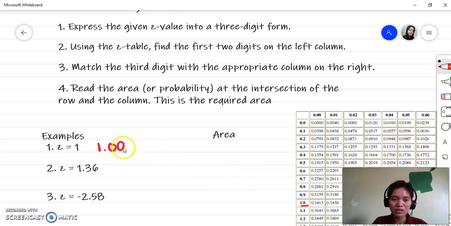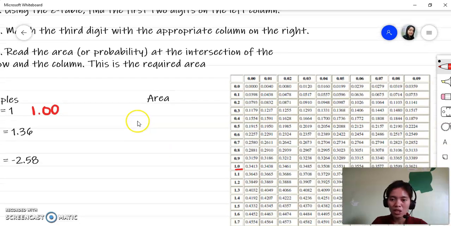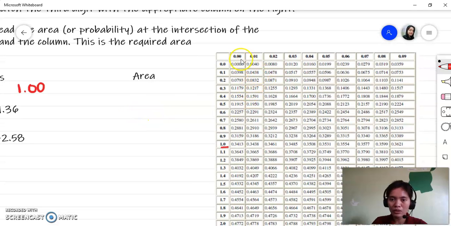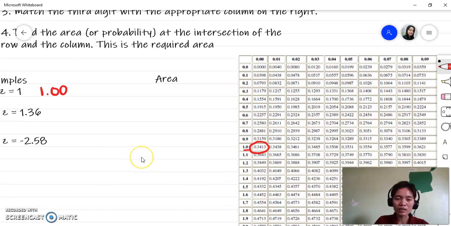The third digit is 0, the last digit, so look for 0 and match it in the right column. So the area given that you have z equals 1 is 0.3413.